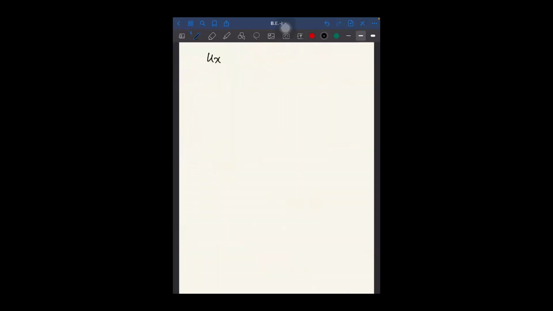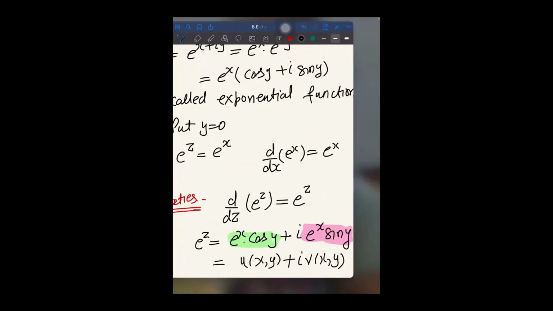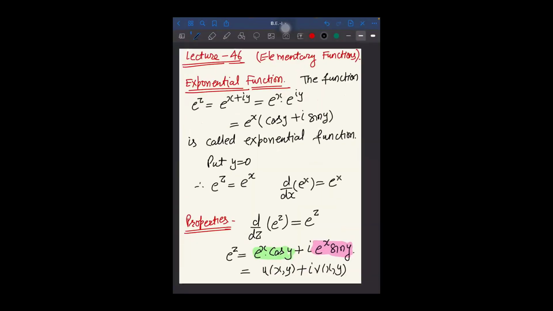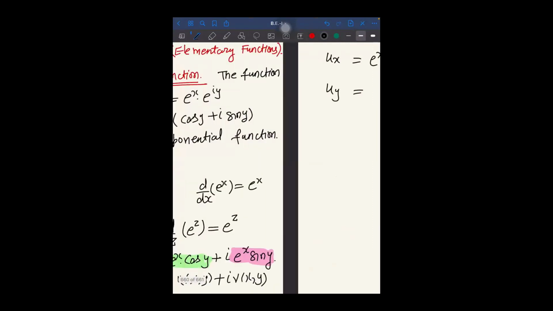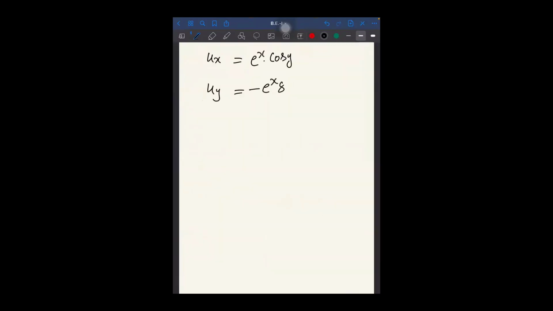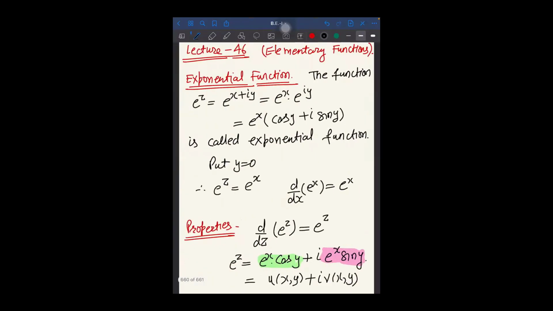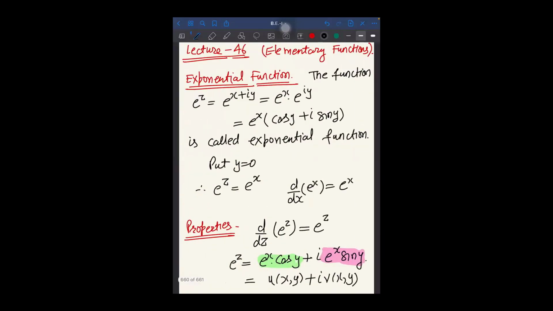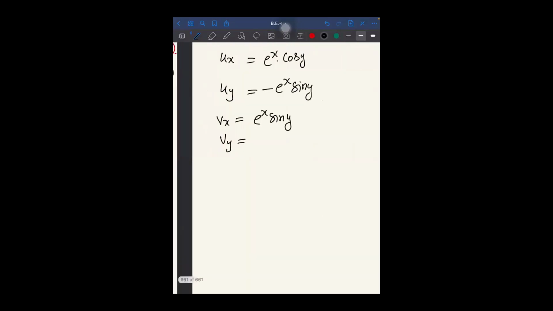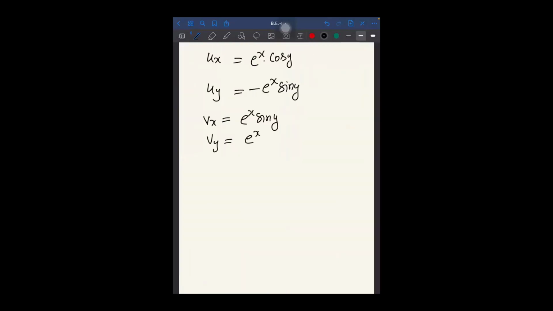You simply take u_x and u_y. So what is u_x? Differentiate it with respect to x. What do you get? e^x cos y. And if you take u_y, that will be minus e^x sin y. And what is your v_x? Differentiate with respect to x. So e^x sin y. And what is your v_y? Your v_y will be e^x cos y.